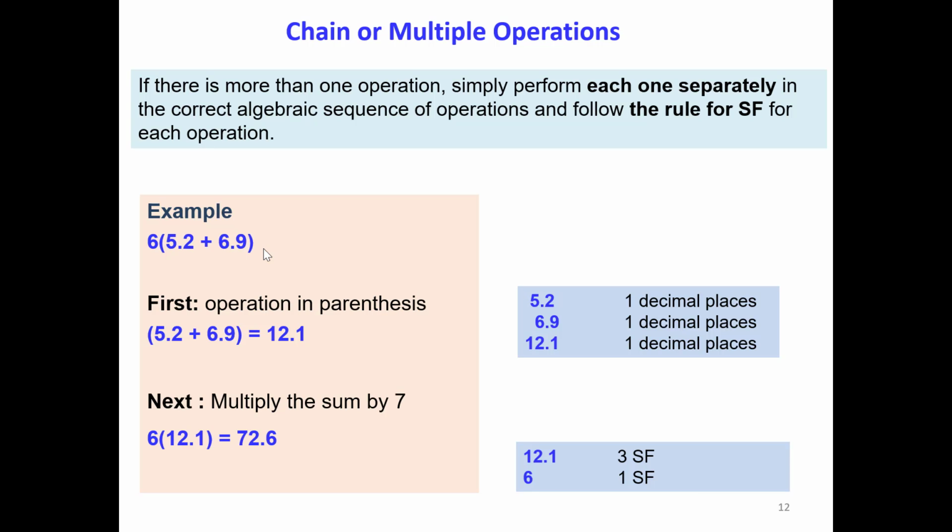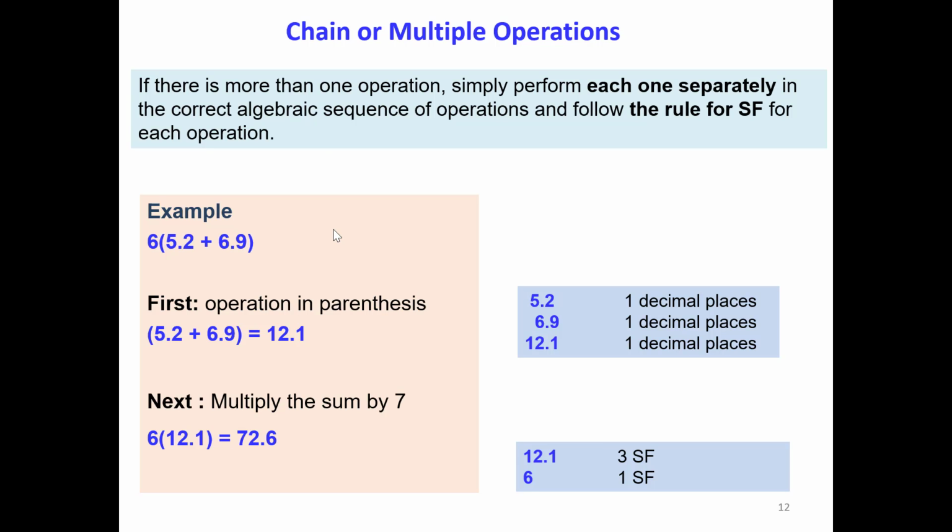In each step, we need to follow the rules of the significant figures. Just remember, if we add or subtract, we need to take into account the decimal places. If we multiply or divide, we need to take into account the significant digits.